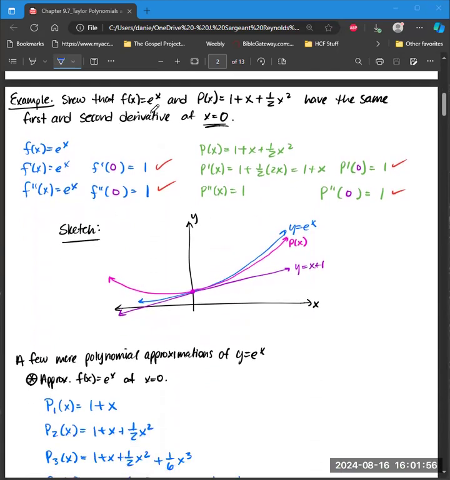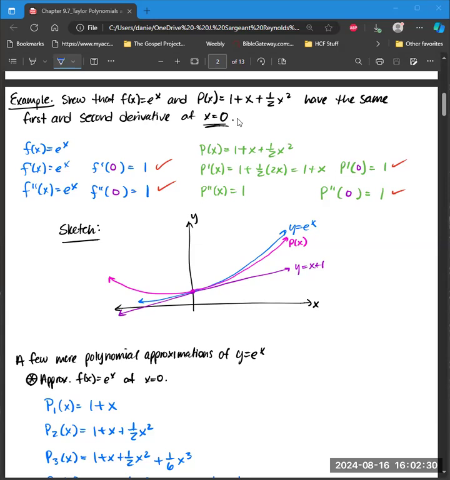So show that f of x equals e to the x and p of x equals 1 plus x plus 1/2 x squared have the same first and second derivative at x equals 0. So e to the x, when we differentiate it, it will be e to the x. When we differentiate it again, it will be e to the x. So when we take the derivative of p here, we'll get 1 plus 1/2 times 2x, which is 1 plus x.